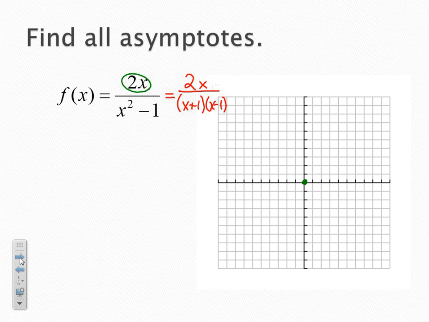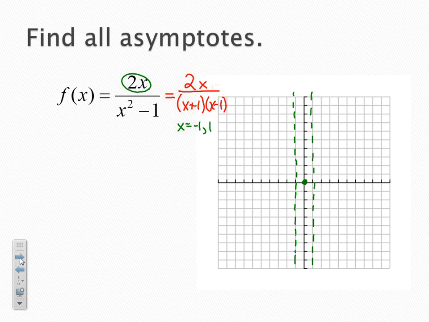Okay. Step number 4 then is we need to find the zeros of the denominator. What values will make this denominator 0? So this denominator will be 0 when x is -1 and when x is +1. And we're going to graph these as vertical asymptotes. Okay? So I'm just going to have a dotted line right at -1 and right at +1 serving as those vertical asymptotes.